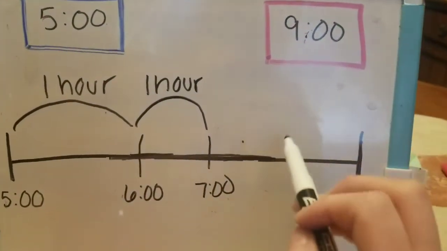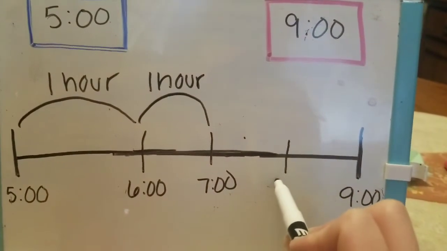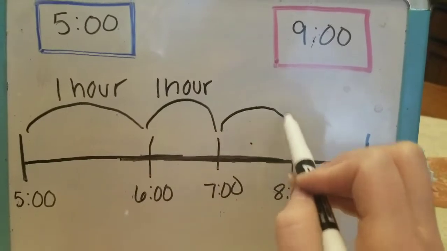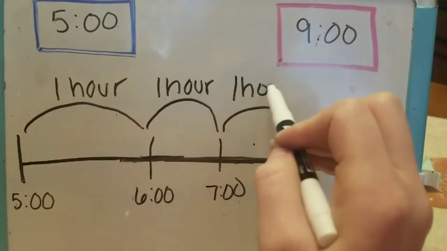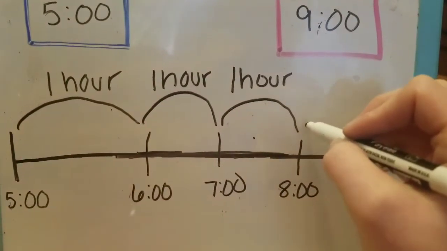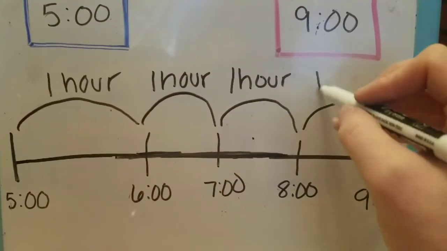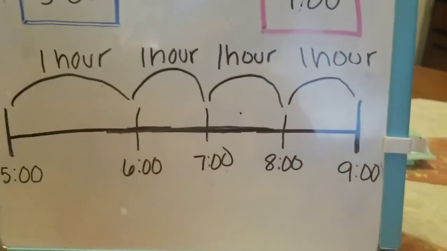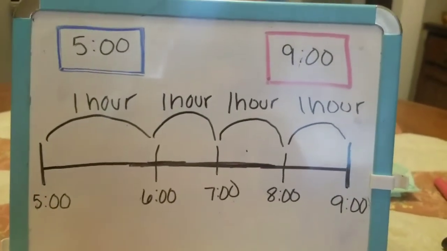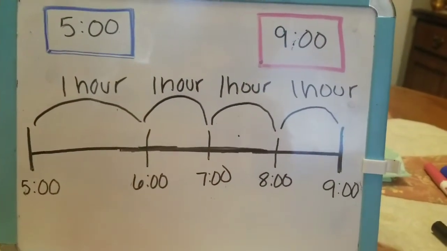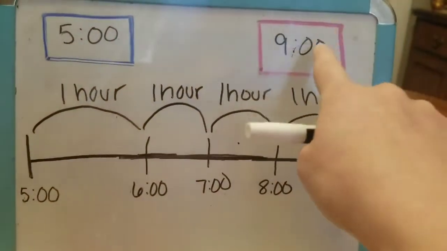Now if I make another hour jump, I'm going to have 8 o'clock. And if I have another hour jump, it's going to be 9 o'clock. So now I'm going to add up all of my hours to see how much time had passed between 5 and 9.